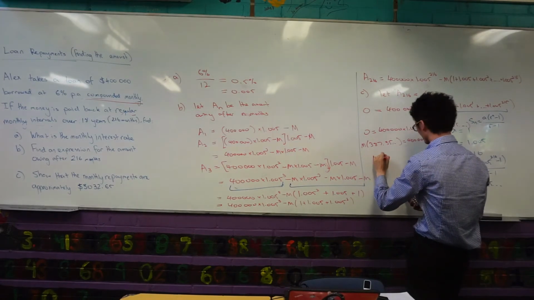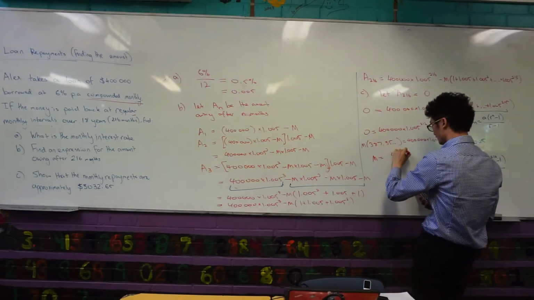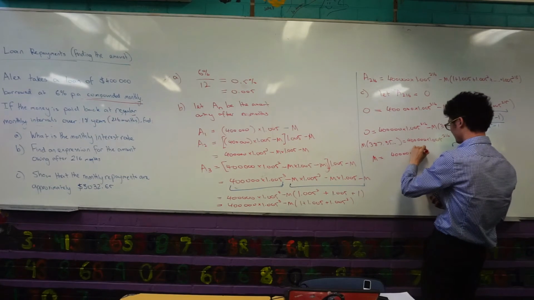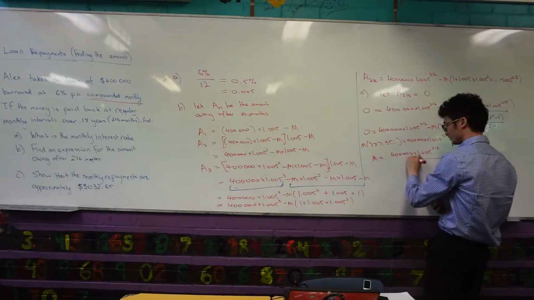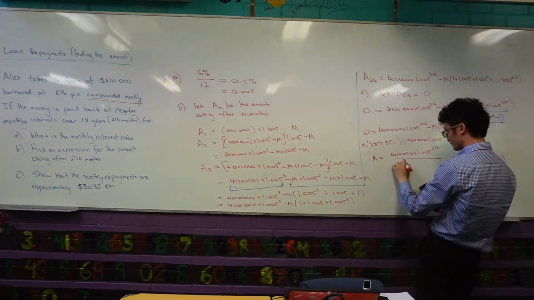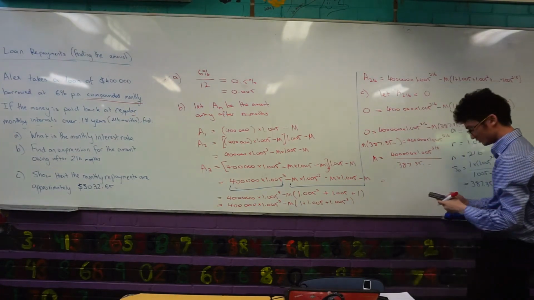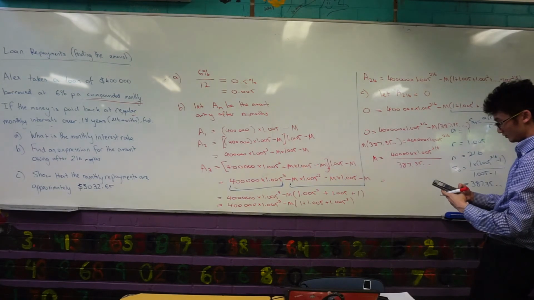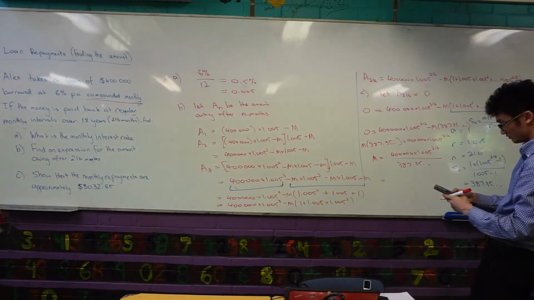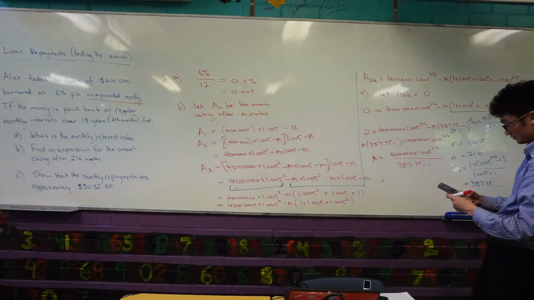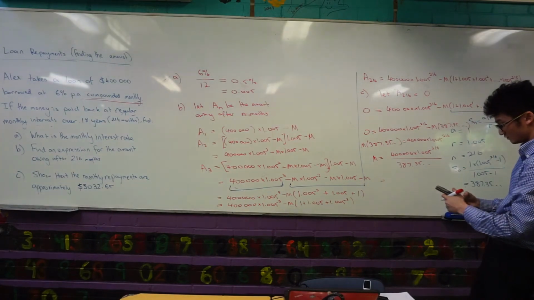So m will equal 400,000 times 1.005 to the power of 216, all divided by this number. And when you do that, that's exactly right.